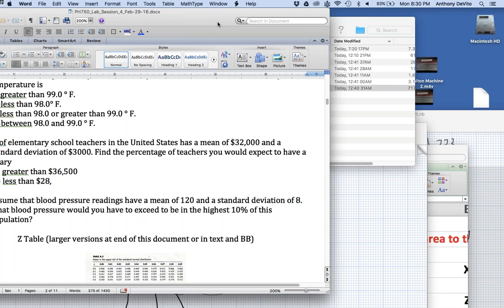But the answer came out to be 93%. By looking at the sketch, you would know you're wrong, right? So sketching it helps you that way. Doing it both ways, having the table and Excel, will help you out too. What if you reverse the two numbers inadvertently? You put the mean first and the standard deviation second, and you get the wrong percentage.